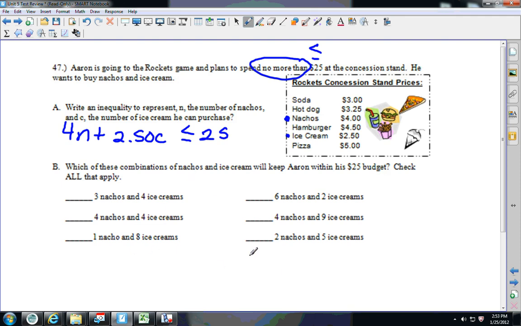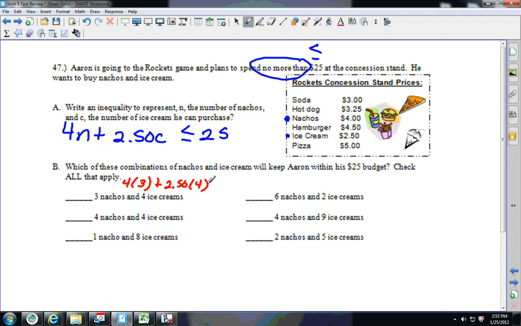Okay, to be able to answer this, you need to plug these in and see which ones give you less than $25. So you can have $4 times the 3 nachos plus 2.50 times 4. When you put that in, you're going to get 2.50 times 4 plus 4 times 3.